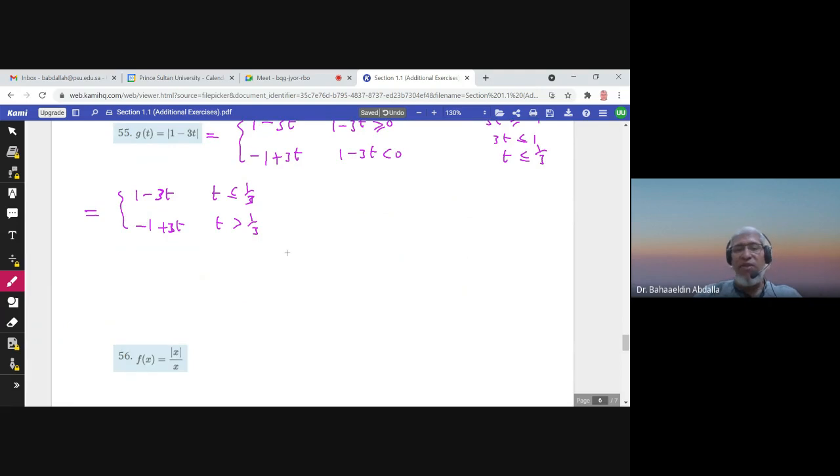Now to graph this piecewise function, the important number here is 1 over 3. To the right of 1 over 3, the graph is negative 1 plus 3t, and to the left, y is 1 minus 3t.